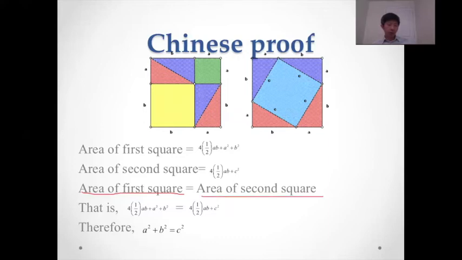So that is 4 times 1/2 AB plus A squared plus B squared equals 4 times 1/2 AB plus C squared. Therefore, we can find A squared plus B squared equals C squared. So this is a Chinese proof, okay?